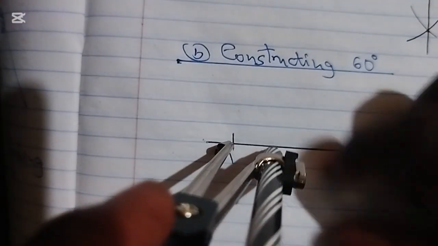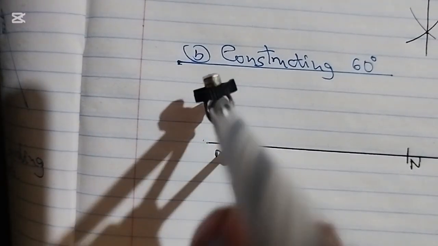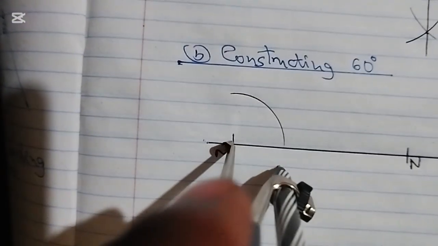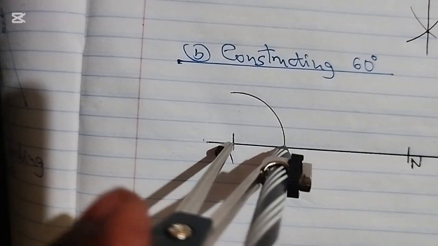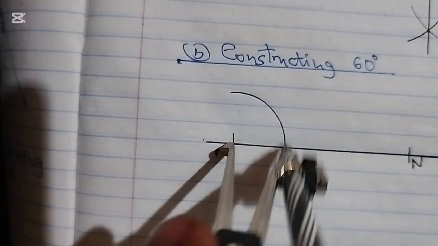Then, using any radius of your choice, I've chosen that radius, I make a bigger arc from the top to cut the line MN. It must cut the line MN like that. I've made any arc to cut the line.